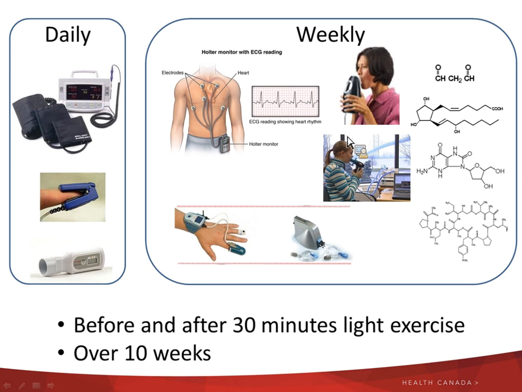We also measured fraction of exhaled NO in breath, and that's a measure of respiratory inflammation, spirometry, and then 4 oxidative stress markers in urine. So malondialdehyde, 8-isoprostane, 8-hydroxydeoxyguanosine, and vascular endothelial growth factor.